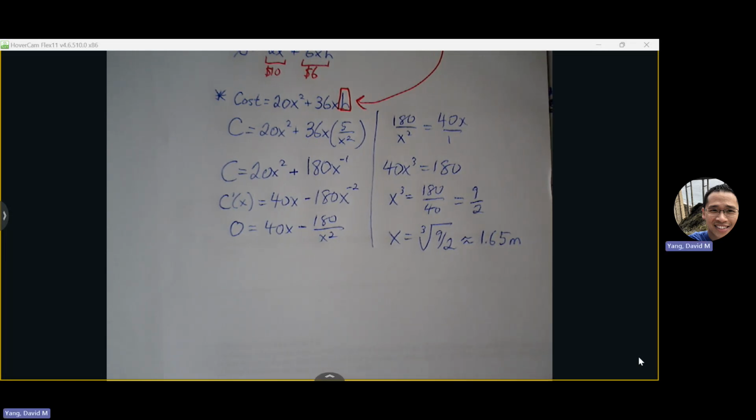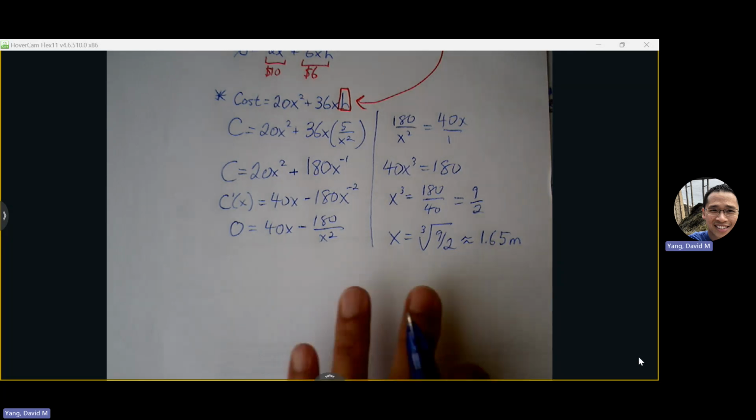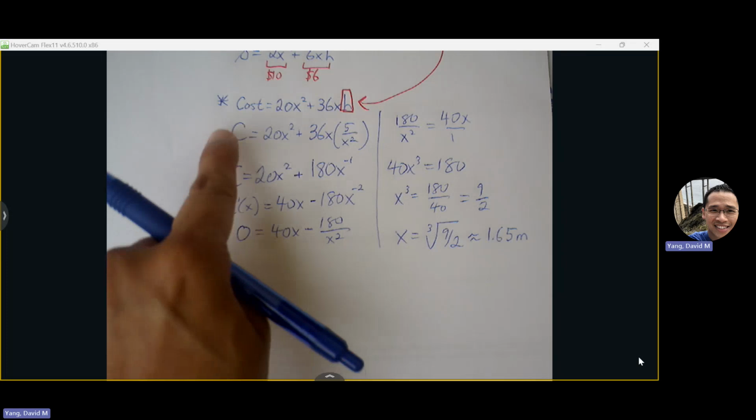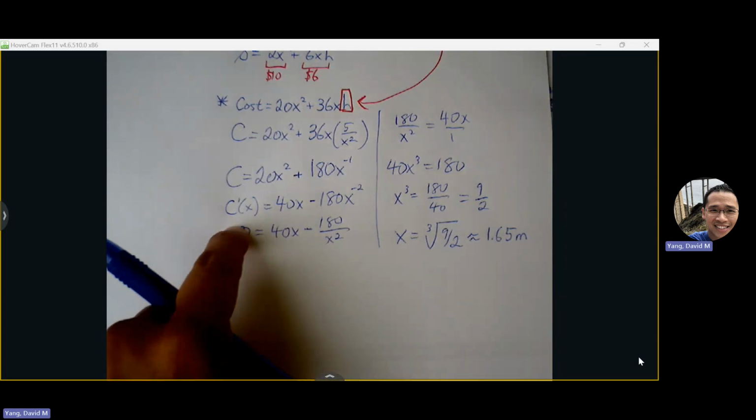Once you solve for x, you go back and read the problem. It says find the cost of the cheapest container. So we just have to find a cost equation to plug 1.65 into. Make sure you plug into one of the cost equations and not a C prime.